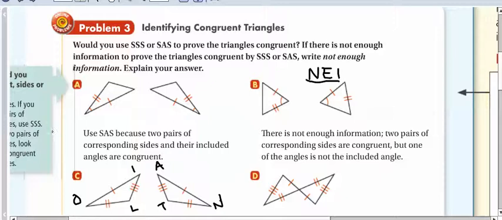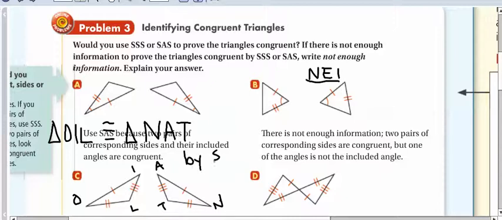Caitlin. Triangle OIL is congruent to triangle NAT. Good. Alright, you're not done. Got to get all that money. Beautiful. By side, side, side.